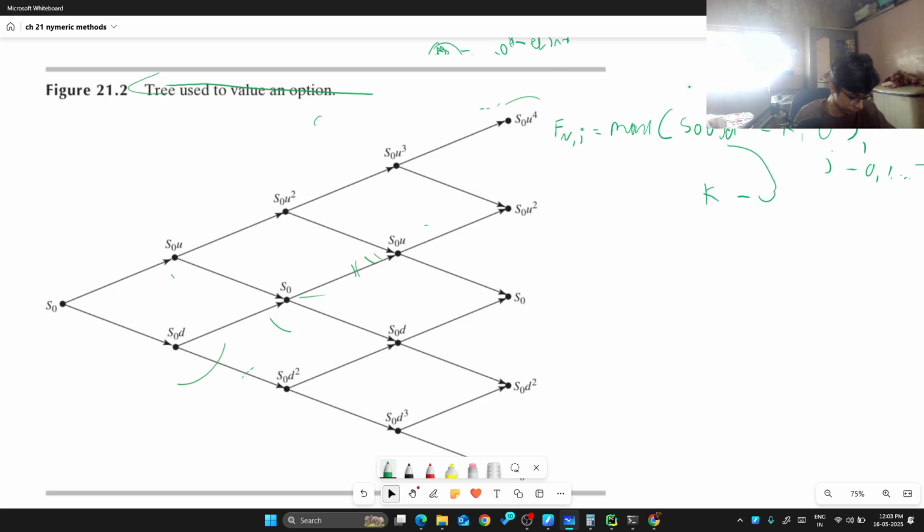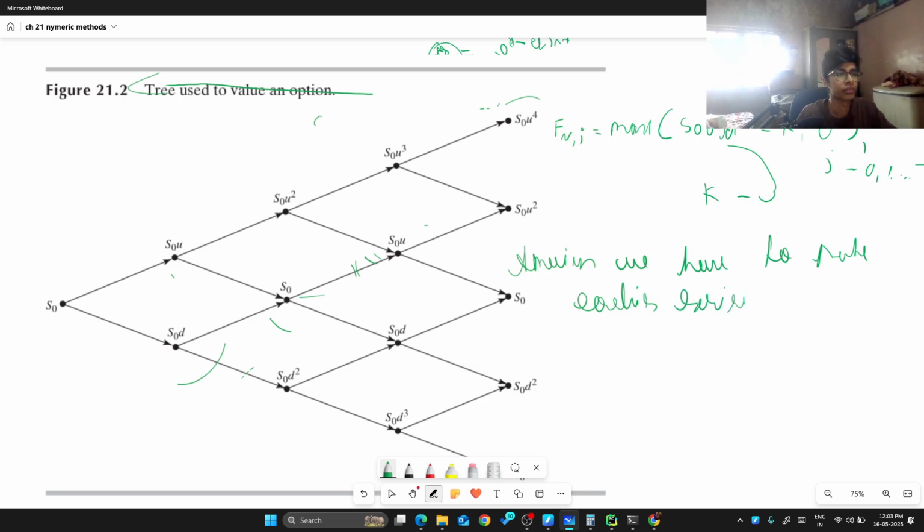And yeah, so for American options we have to make sure whether early exercise of the option is beneficial. We have to compute that value, then the option value.